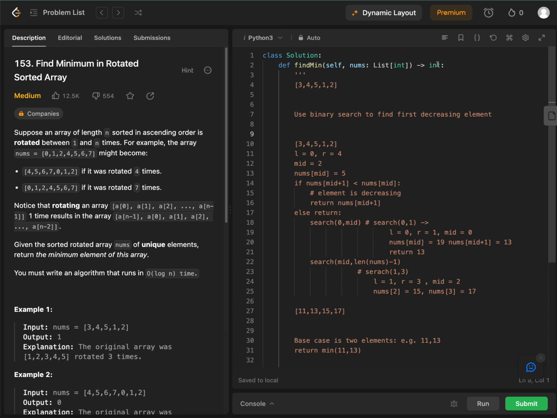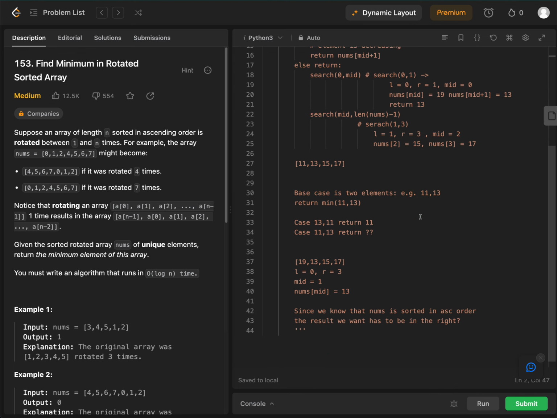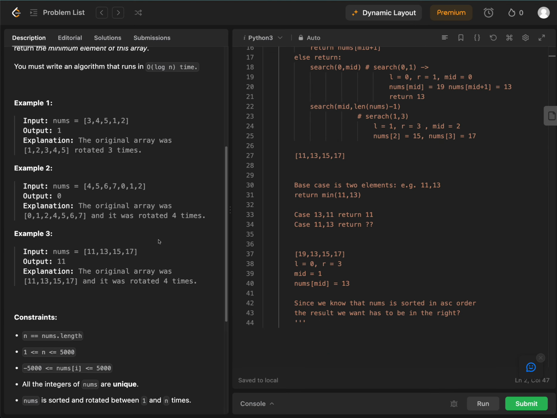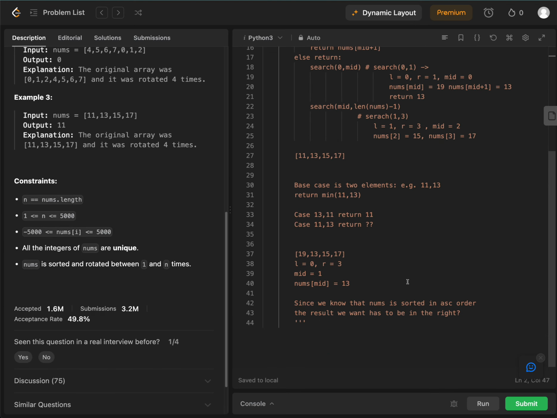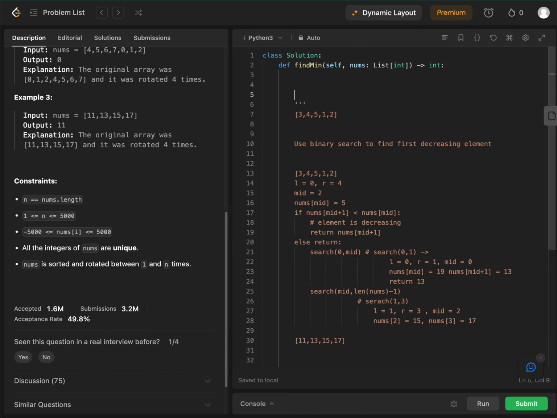I think we almost got it. Let's just... I think I would have failed the interview by this time, but anyway, since we're so close, let's just try implementing this, right? So we have this left, right, okay.